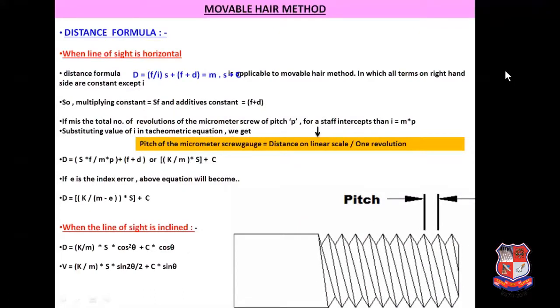After taking the staff reading, we have to find the distance.